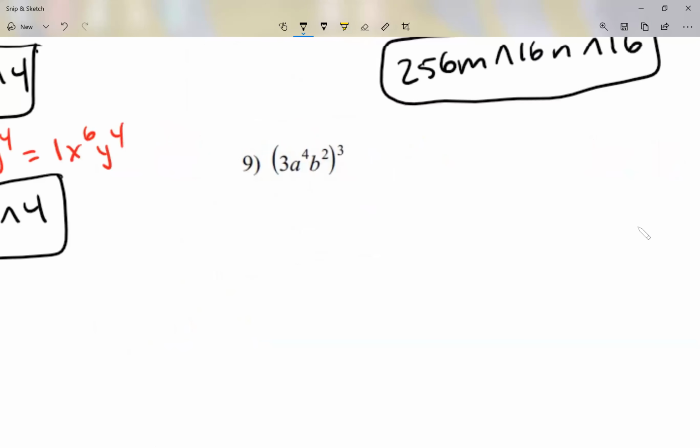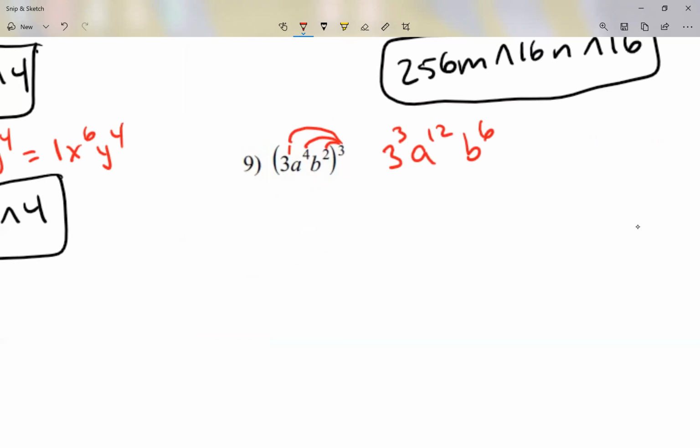And then lastly, question number 9. Everything on the inside of the parentheses must have an exponent. If you don't see it, put a 1. You're going to multiply the exponent on the outside to the exponents on the inside. So that's going to give me 3 to the 3rd, a to the 12th, b to the 6th.